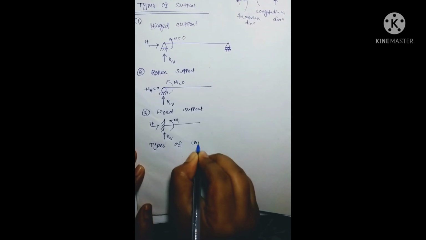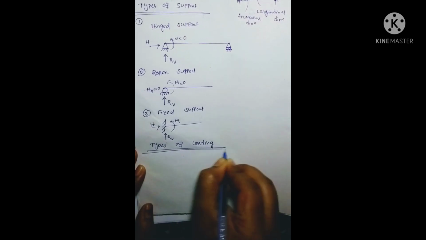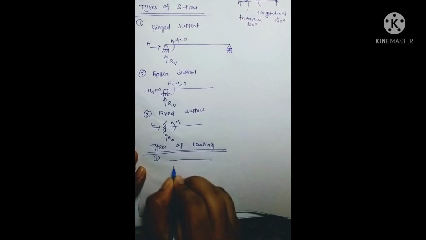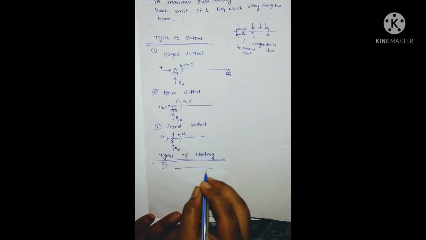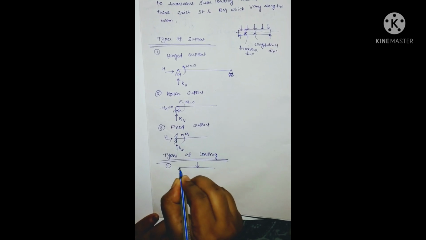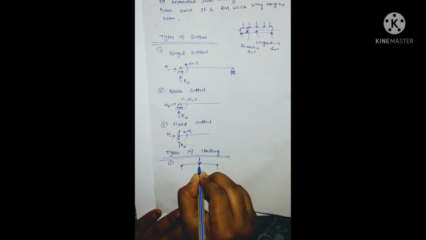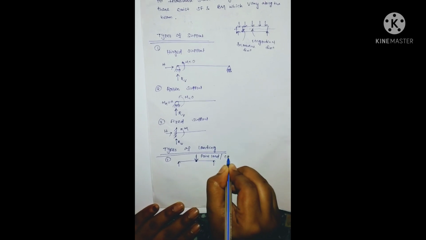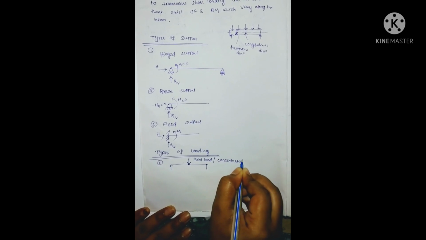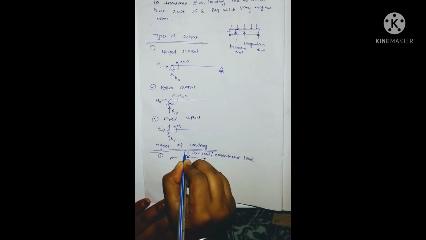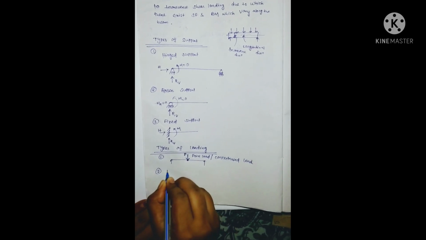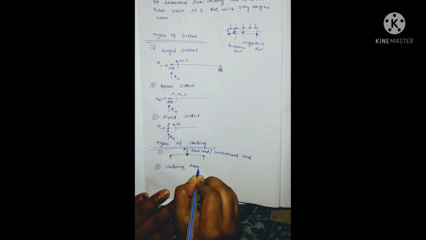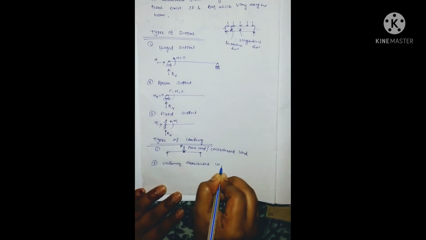Types of loading. There may be various types of loading. First, concentrated loading. When a load is acting on a point, this is called a point load or concentrated load. Let it be P. Next, uniformly distributed load.